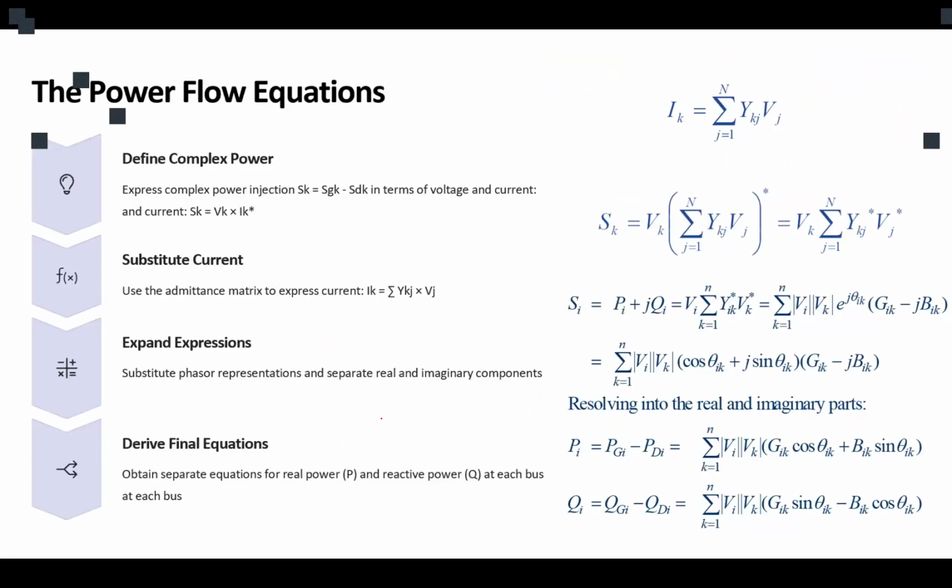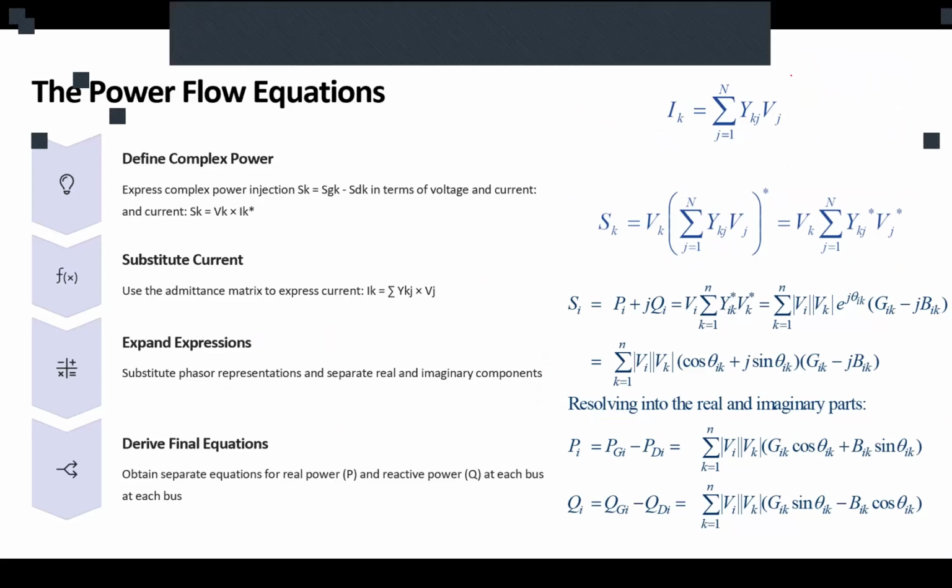Now that we have our system with a quantitative representation, we could talk about how the power would flow through our system. For that, one thing we need to know is that when we talk about power flow, we talk about the currents flowing through branches.